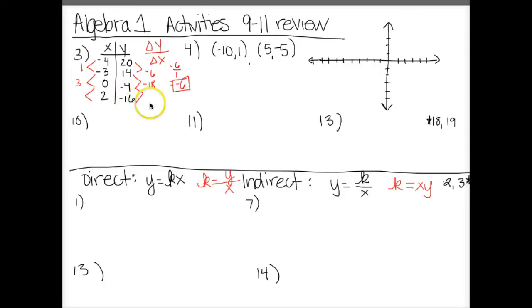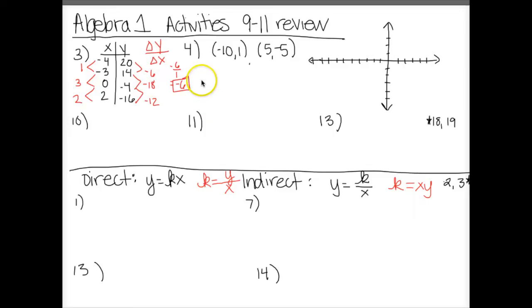Negative 6 minus negative 4 is negative 12, 2 minus 0 is 2, and negative 12 over 2 is also negative 6. So don't get caught up in making sure these are always the same. These are only the same if the difference between your x coordinates is always the same. It's delta y over delta x that always stays consistent.